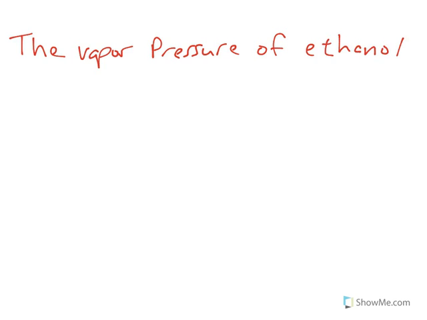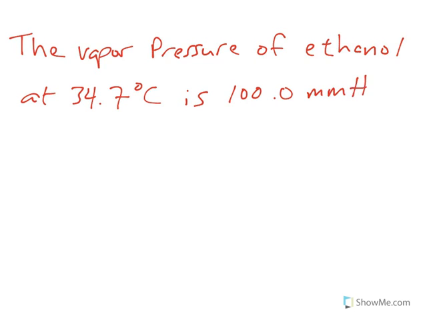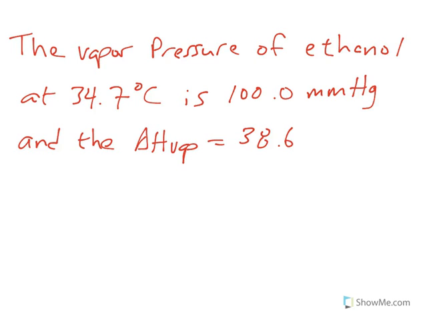So let's put this equation to use. The vapor pressure of ethanol at 34.7 degrees C is 100.0 millimeters of mercury, and the delta H of vaporization is equal to 38.6 kilojoule per mole.